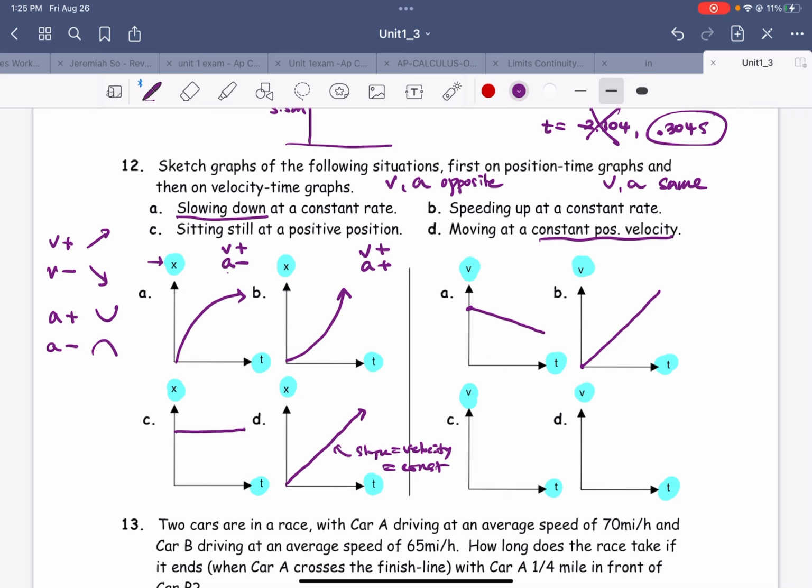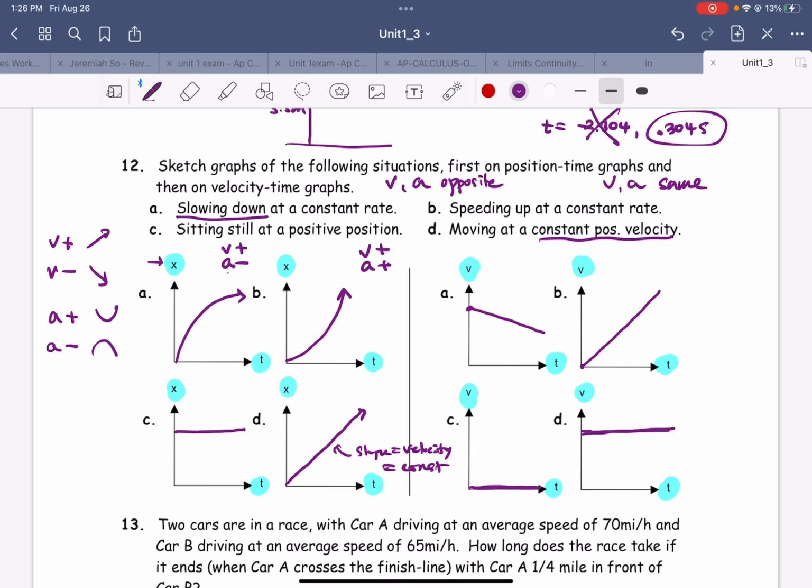Your velocity keeps increasing. Now sitting still: your velocity is 0, not moving. Now moving at a constant velocity, so your velocity is constant, a horizontal line like that.